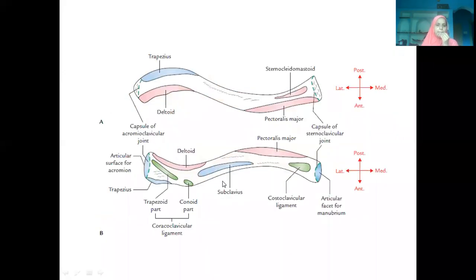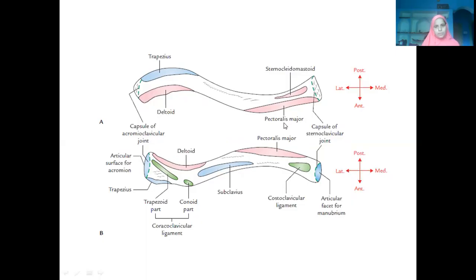Now let us see, this is the superior aspect of the bone and this is the inferior aspect of the bone. When you see the superior aspect, you find 2 muscles coming. What did I say? This is the medial 2/3, which is convex anteriorly. So what muscle is coming in the front of the thoracic cage? On both sides we have pectoralis major.